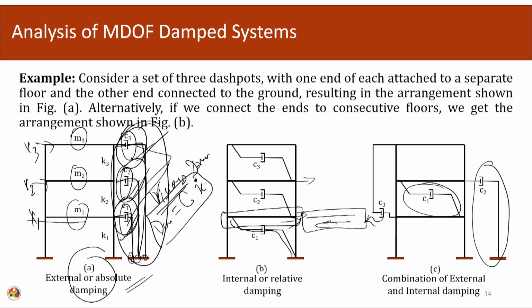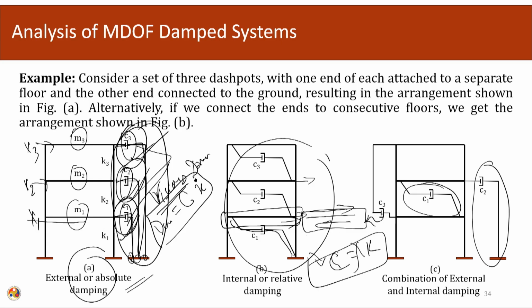So, there will be a damping force here also, and there will be a damping force here also, due to the relative motion of the system. So, then the system becomes coupled like a stiffness matrix. Here the damping will show a nature similar to the stiffness matrix. So, it can be a function of the stiffness matrix.